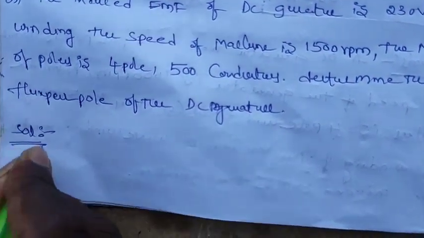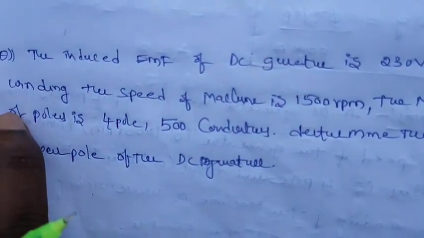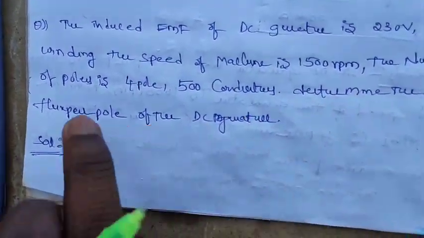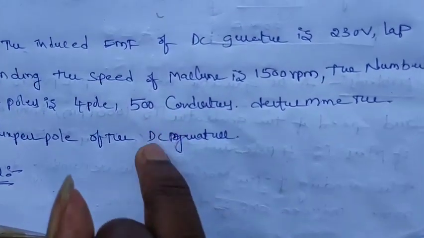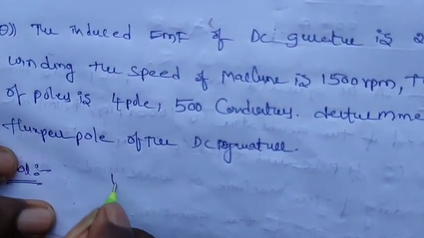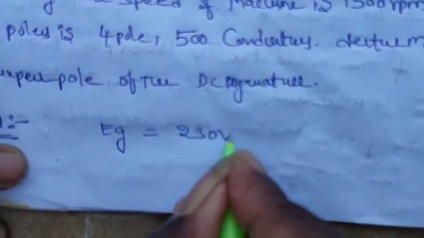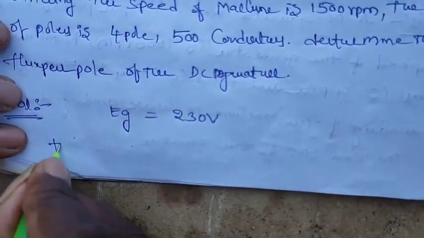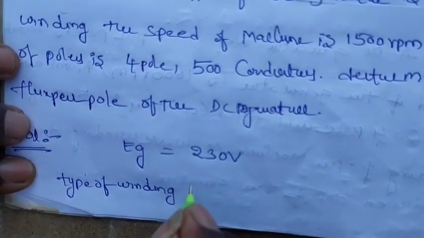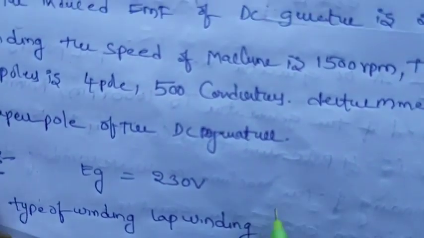So what is being asked here? The induced EMF is given, the type of winding is given, the speed of the machine, the number of poles and the number of conductors are given, and we have to determine the flux per pole. Here Eg is 230 volts, and the type of winding is lap winding.